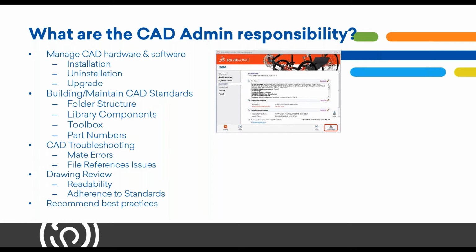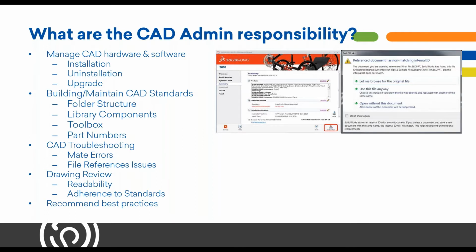We're creating 3D models, and that's going to take up some space on our hard drive, as well as some resources with our GPU and CPU. So managing the CAD hardware and software, as well as managing the installations, upgrades, and uninstallations, is a responsibility that a CAD admin is involved in, making sure that users are getting the right things installed and connecting the dots from there.